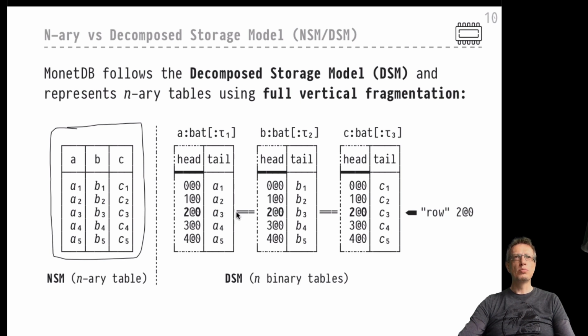So taking these three together would be a representation of the row, which is not really present in MonetDB, with identifier OID 2. Okay, so there is some reassembly work to be done to take these n individual BATs and reassemble their contents, the tail contents in this particular case, to recreate the original n-ary table that is visible from the viewpoint of the SQL users.